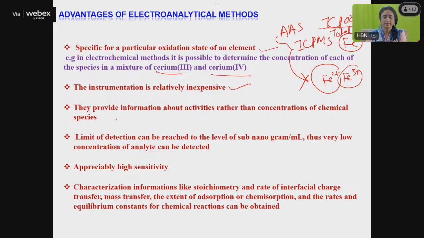They provide information about activities rather than concentration of chemical species. The limit of detection can reach the sub-nanogram or sub-ppb level, with appreciably high sensitivity, and characterizing information like stoichiometry can also be known in electrochemistry.